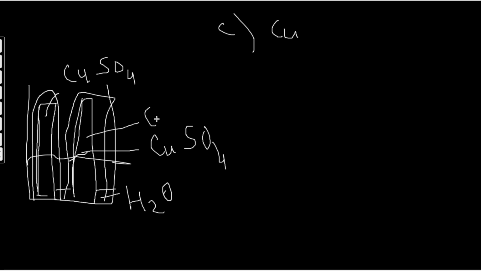So one is water and one is copper sulfate. I understand that this diagram might be a little confusing. It's just indicating that the hydrogen will react with copper sulfate, but the anode is copper, and the electrolyte for the anode is water.